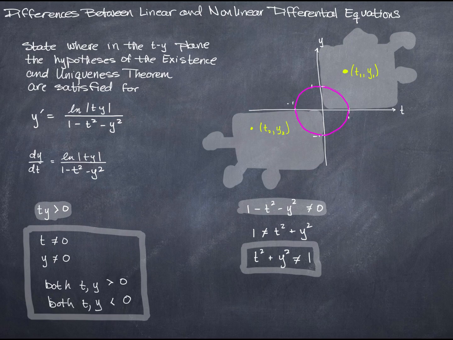So where am I allowed to work then? I'm allowed to take any values I want from, let's see, what color should I use this time? I think I'll stick with yellow. I can pull values from here, or here, just not on the circle, or here.